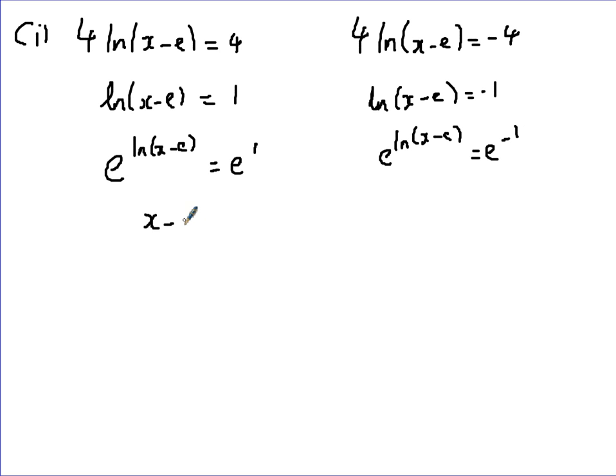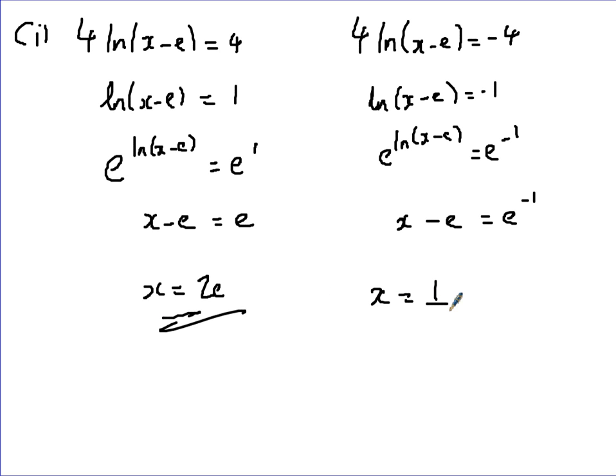Which will then give you x minus e equals e, or e to the 1 if you like. And then this one will be x minus e equals e to the minus 1. So we then have x is equal to 2e, and also x is equal to 1 over e, that is e to the minus 1, plus e. So two values there.